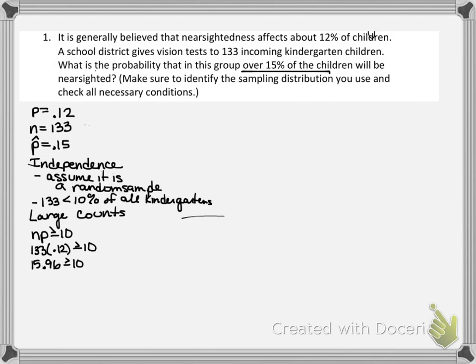Now we also have to check our failures. So n times 1 minus p is also going to be greater or equal to 10. So that's 133 times 0.88.